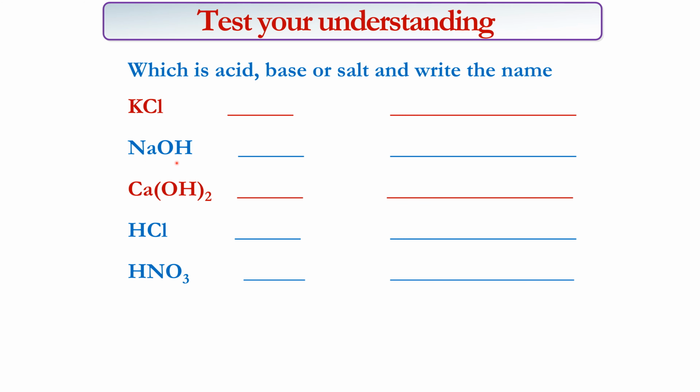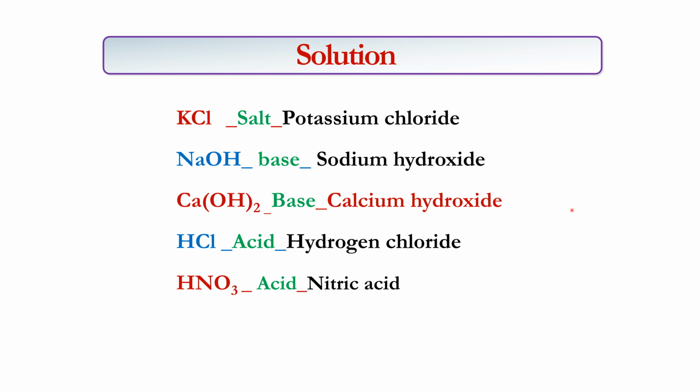This is a base, sodium hydroxide. This is calcium hydroxide, a base. This is an acid, hydrochloric acid. And this is an acid, nitric acid. So this is the solution for the previous slide.